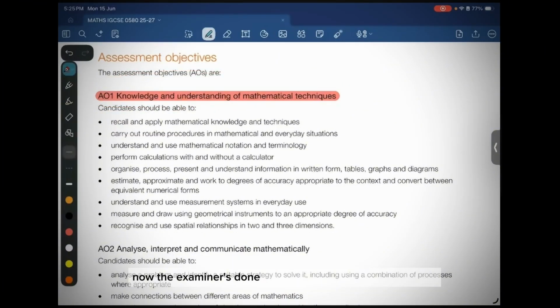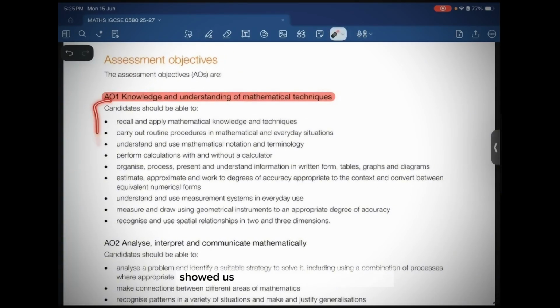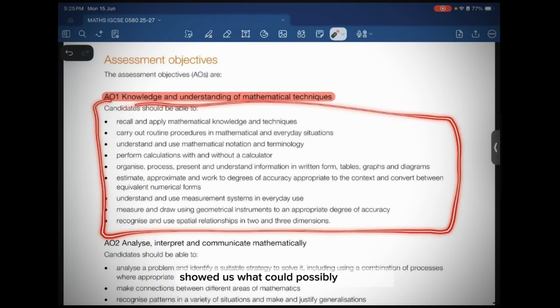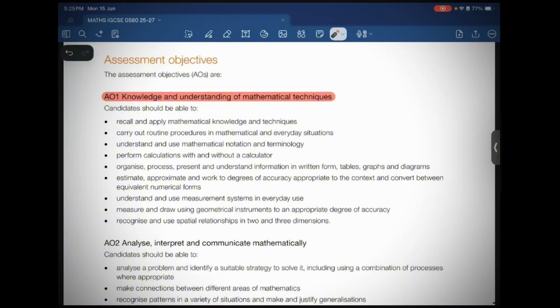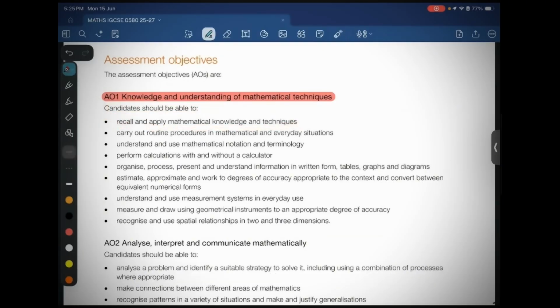Now the examiner's done us a favor. He's actually showed us what he or she could possibly mean by this. They're saying that candidates should be able to recall and apply mathematical knowledge and technique. Okay, this is exactly what you're saying.